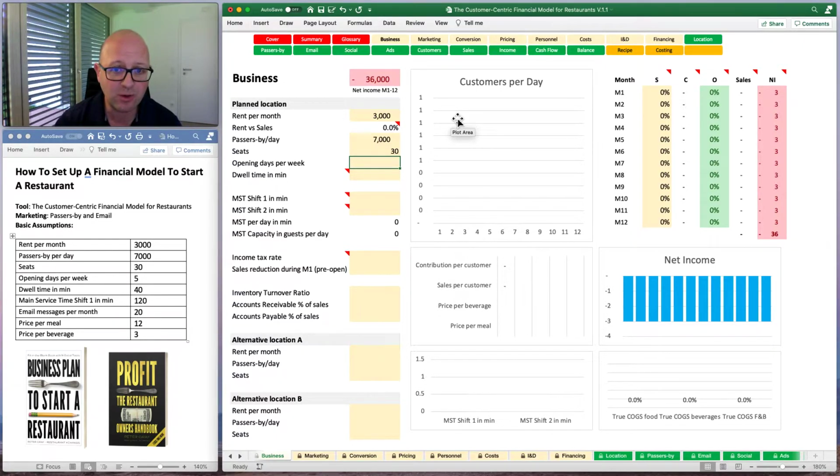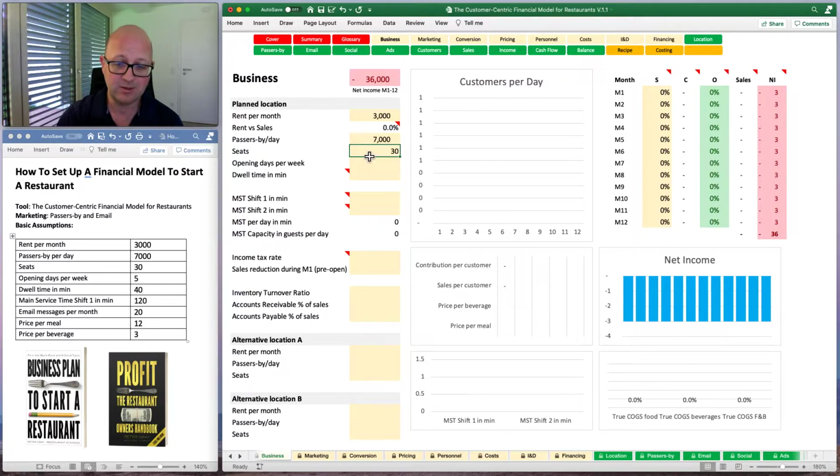This is also very helpful to know, because the number of seats limits, of course, the capacity, how many guests you can service, and the system also calculates this maximum revenue ceiling.